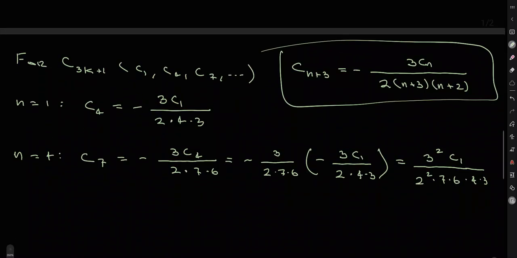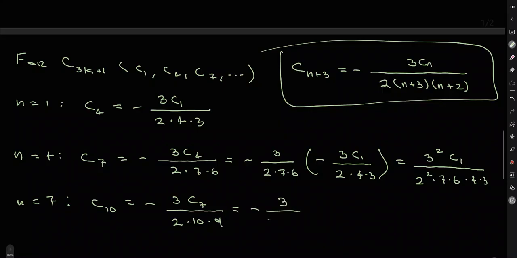All right. Okay, let's compute one more so we can see a pattern. n equals to, what was the next one? 7. n equals to 7. That equals to c sub 7 plus 3, that is 10, equals to negative 3 c sub 7 divided by 2 times 7 plus 3, which is 10, times 7 plus 2, which is 9, which is negative 3 over 2 times 10 times 9 times all of these humongous coefficients, not in terms of c sub 7, but in terms of c sub 1.